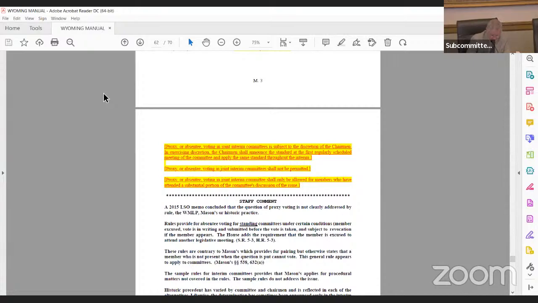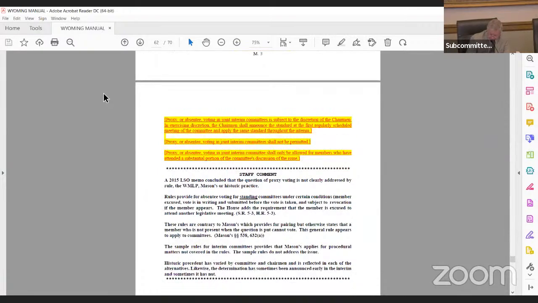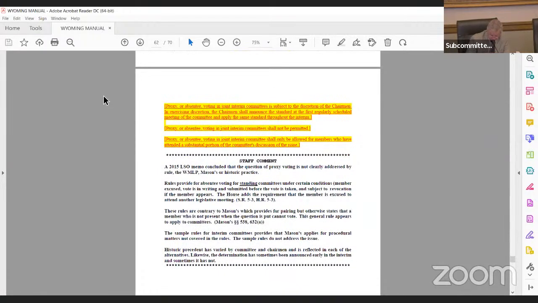The staff comments there note that the House rule adds a requirement, and this is for during the session, which couldn't apply to the interim, that the member is excused to attend another legislative meeting. I guess you could put that in there, but it's such a rare occasion that a member during the interim would have 2 legislative meetings that they would have to attend. It just wouldn't have much effect.